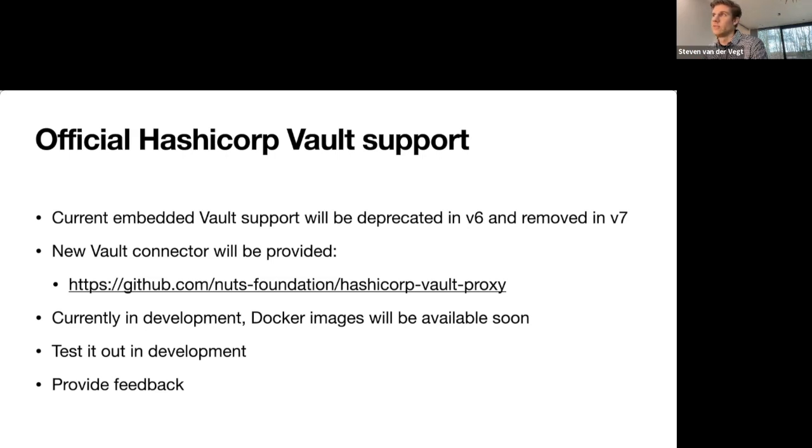We introduced this feature as experimental. In v6, the Vault support will be deprecated, and it will probably be removed in version 7 if everything is going according to plan. So if you start using 5.1 and you want to use the HashiCorp Vault proxy in development, you can download the Docker images, test it out, and provide some feedback.